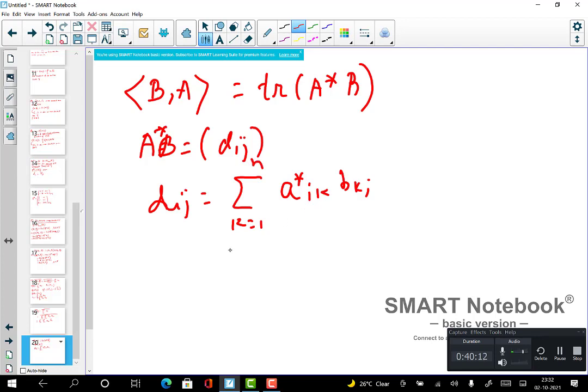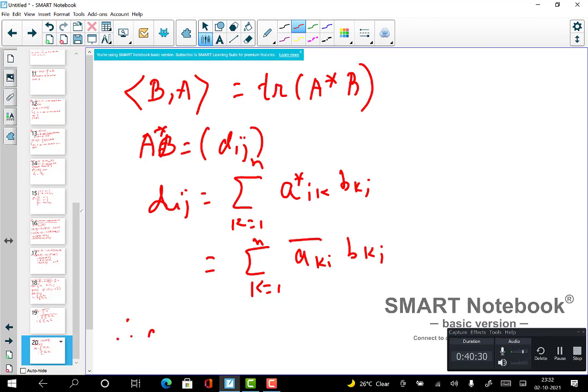But what is (A*)ik? This is nothing but Āki Bkj, k equal to 1 to n, right? But the trace of this is nothing but the sum of all those dii, right?